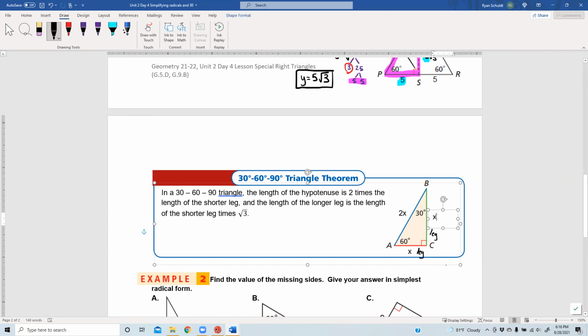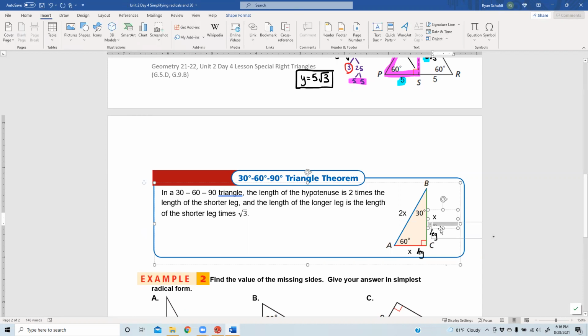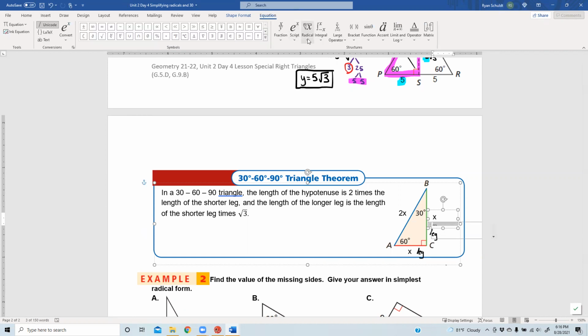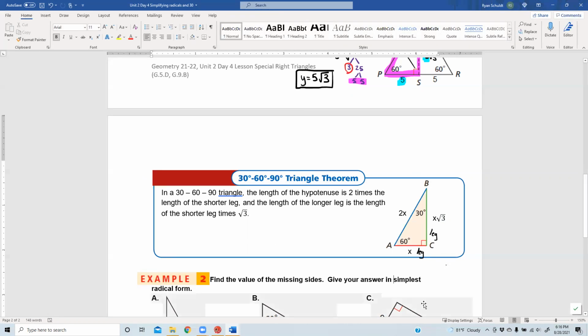Oh, they're missing that square root of 3 too. One second. Okay, there we go.